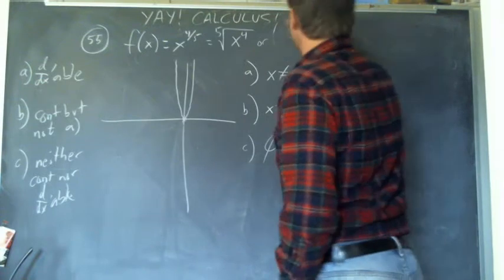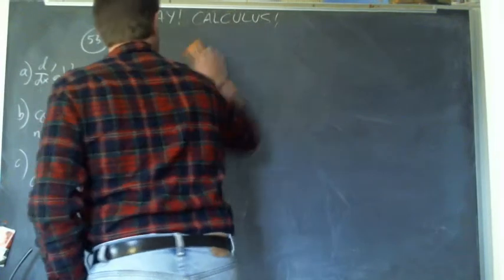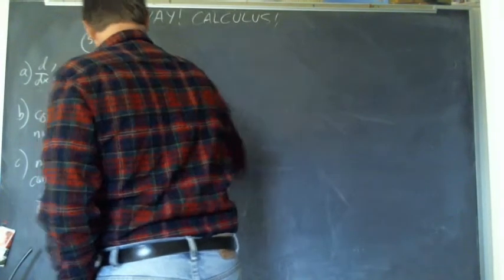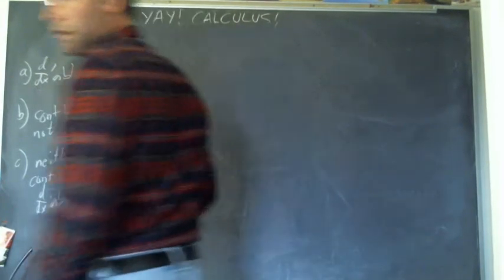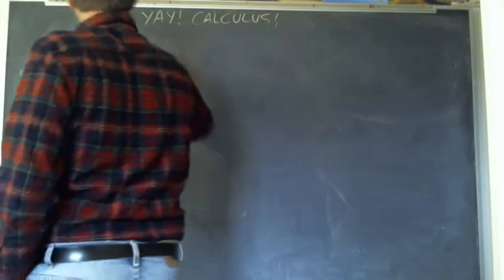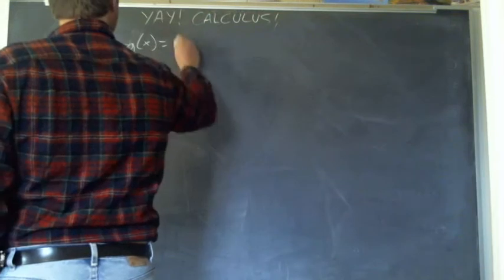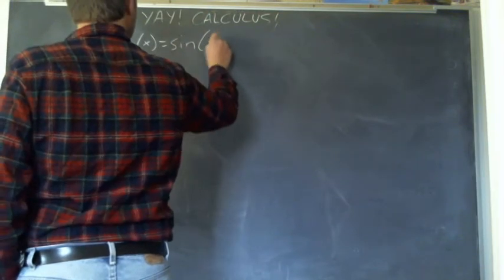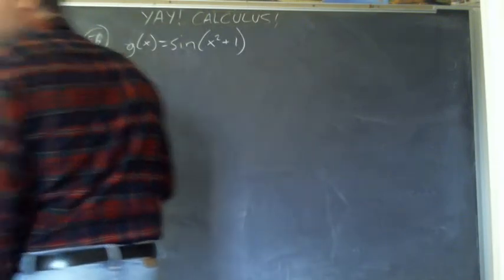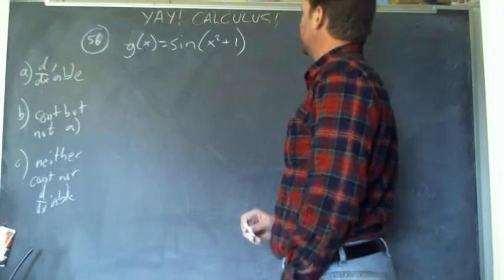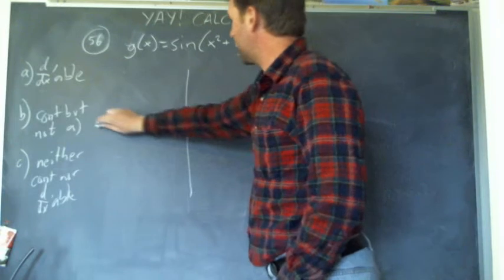We've got number 56, g of x equals the sine of x squared plus 1. It'd be wise to graph this with a calculator.